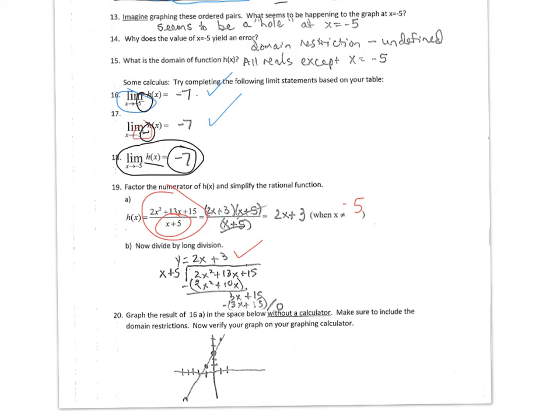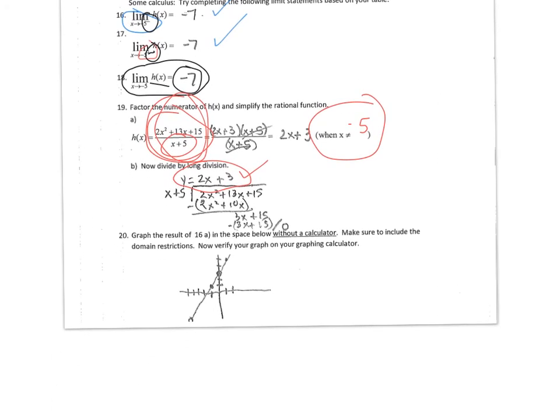So the graph of this function is exactly the same thing as the graph of y equals 2x plus 3, but we have a hole at x equals negative 5. So we literally have a line with a hole in the middle of it. So it looks something like that.